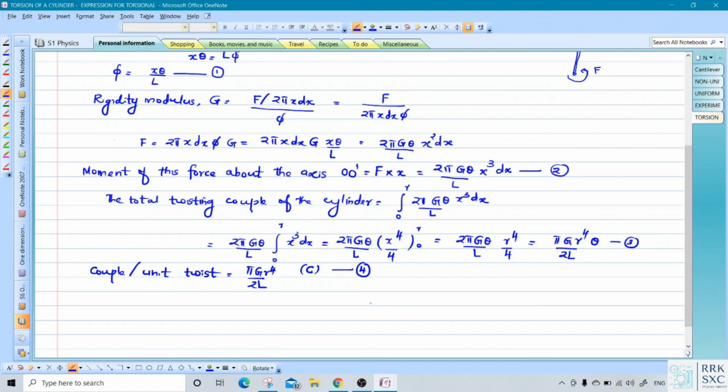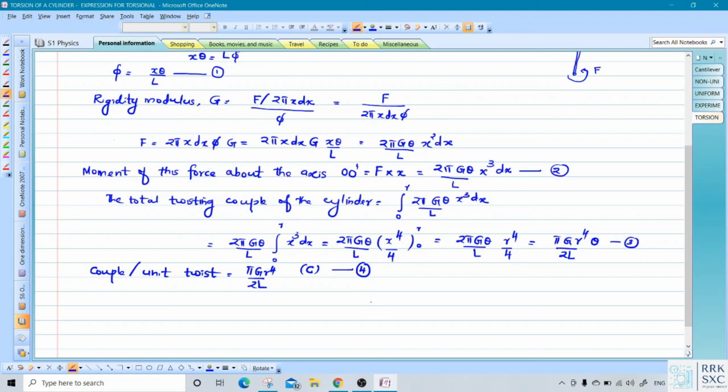R raised to 4 will get replaced by, because if you are having a solid cylinder, you have only one radius, that is R. But if you take the case of a hollow cylinder, then you will have to take two radii, that is the inner radius as well as the outer radius.